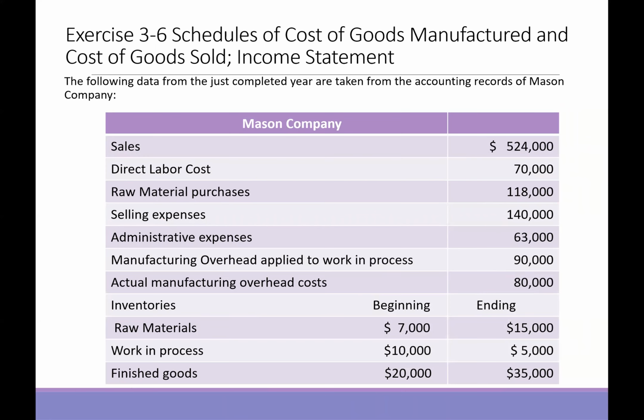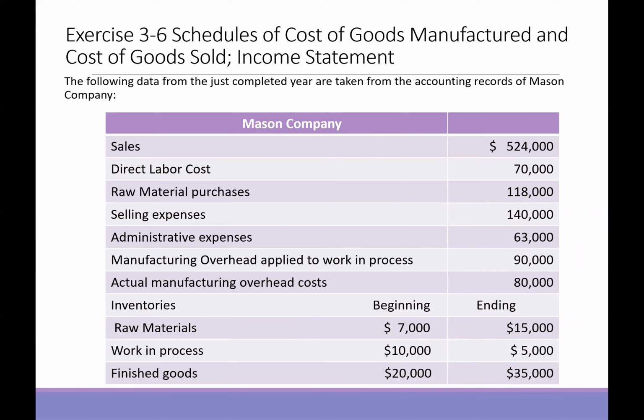So we're going to look at this exercise and compute our schedules. The following data from the completed year are shown for Mason Company.